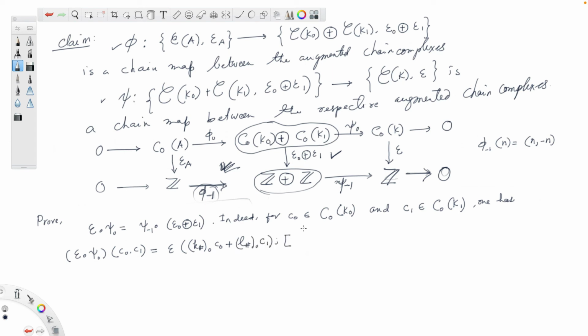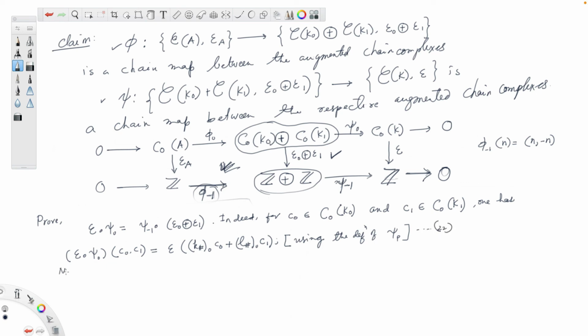This is what we get by using the definition of psi p. Okay, so this is equation number 22.